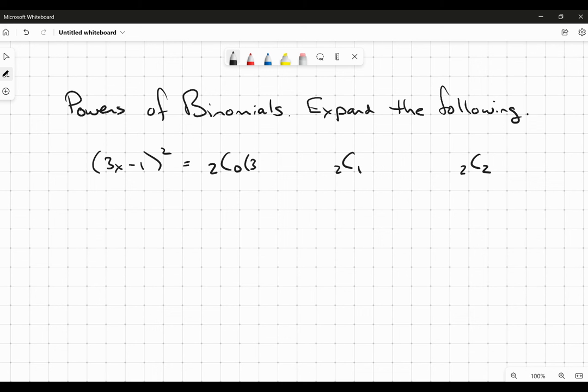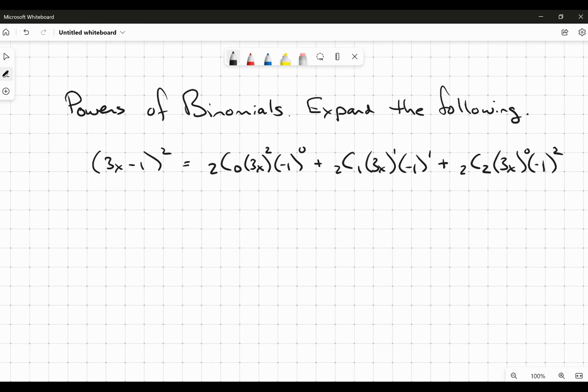And then I know it's going to be the first term in my binomial squared, first term of my binomial to the 1, first term of my binomial to the 0. And then the second term to the 0, second term raised to the power of 1, and second term raised to the power of 2.